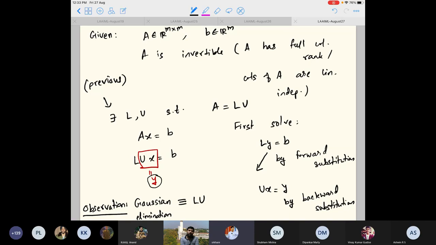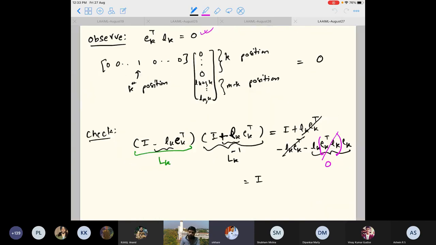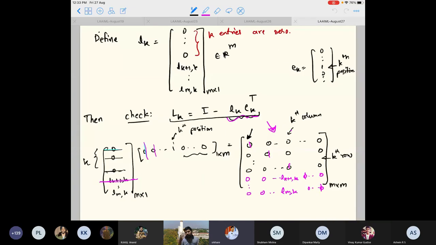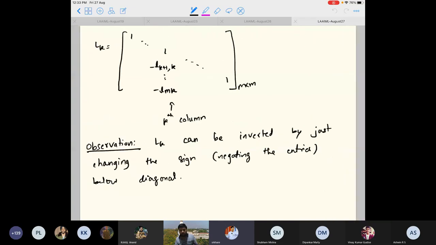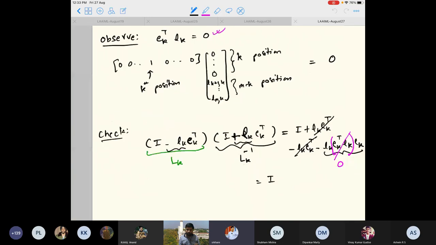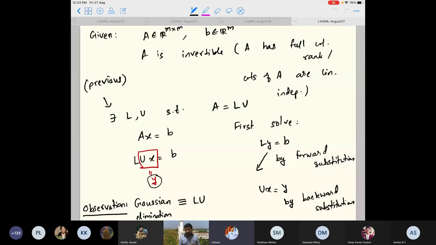This is the construction of L and U the way I have demonstrated. And not only that, we were able to prove in the general case that the inverse of these types of triangular matrices is very easy to calculate, and multiplication of all such matrices is also easy to show. So this actually proves that we have LU decomposition at our disposal.